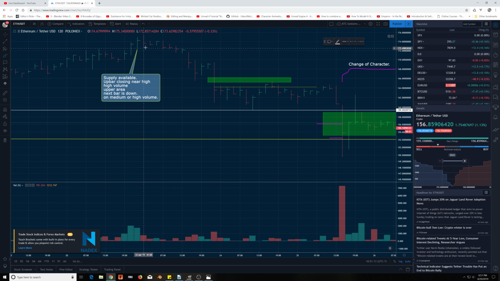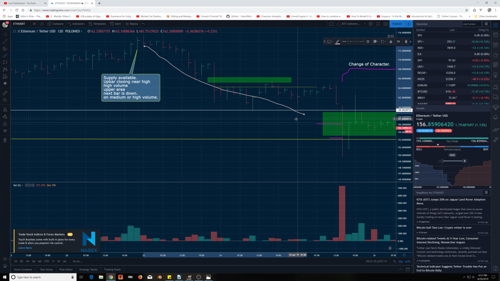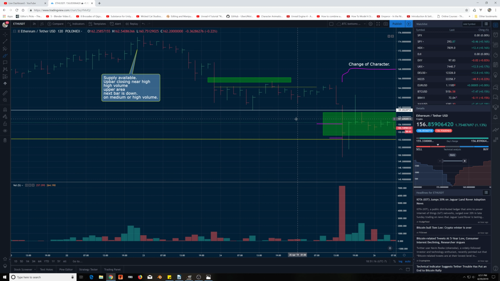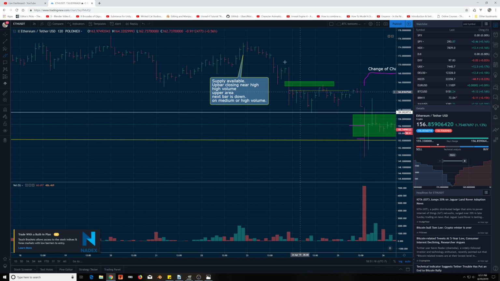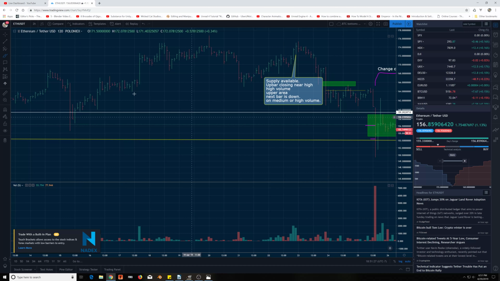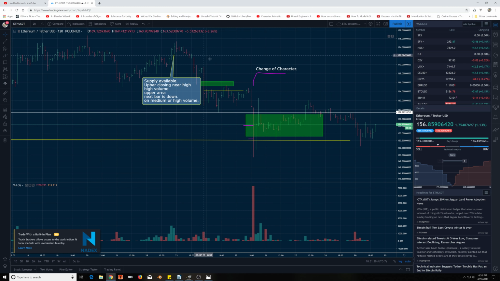And look what happens. Price starts to decline. Wouldn't that be fantastic information if you only knew that back at this point? Let's scroll out a bit. Look at that. Dump, dump, dump, dump city.